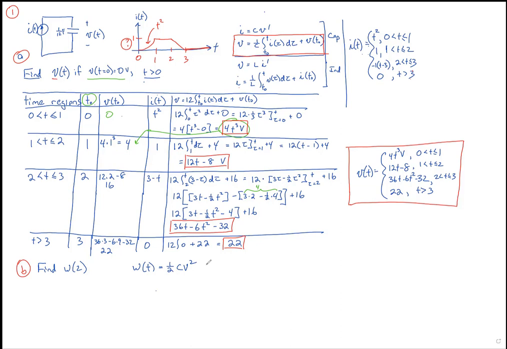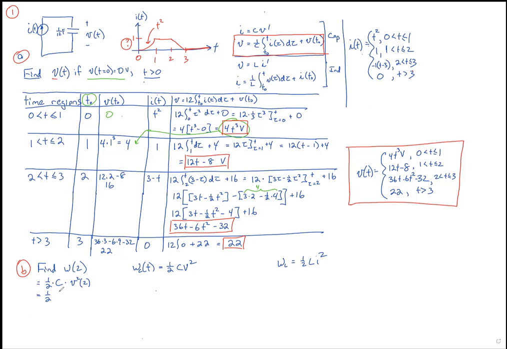If it was for an inductor, the energy in an inductor is 1/2 Li squared. So what it's really saying when it asks for the energy at 2, it's really saying, tell me what 1/2 times C times the voltage at 2 seconds squared is.